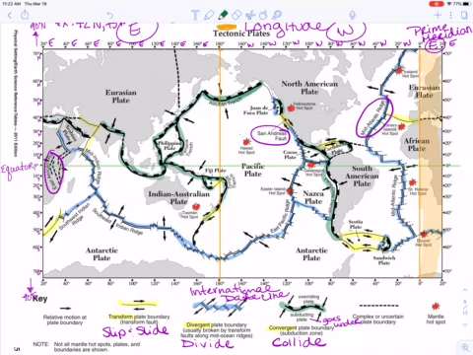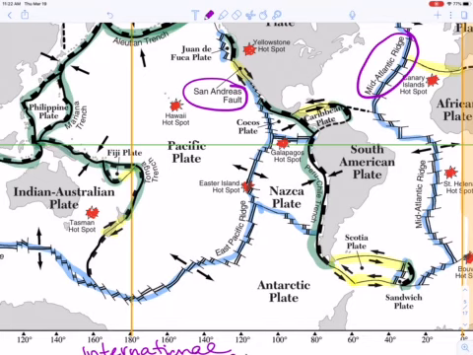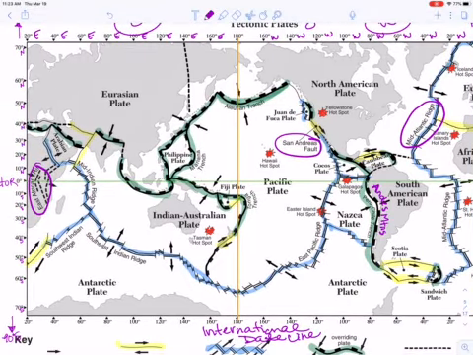Nope. Okay, and to name some of these, as I said, over in South America we have the Andes Mountains. And over here is India hitting into the Eurasian plate, and that's where Mount Everest is.